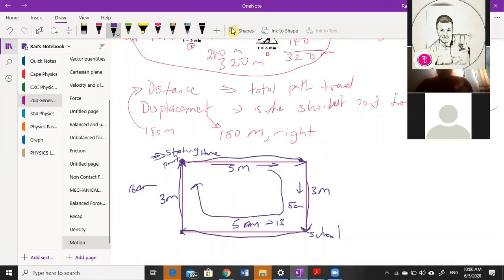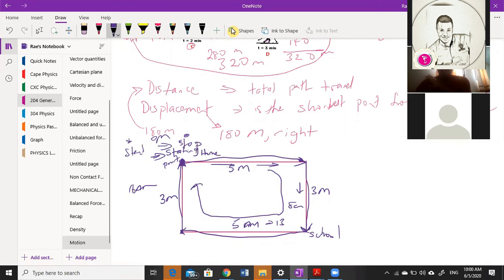But with that, wherever you start, if my starting point and my stopping point is the same place, it means that the displacement from the starting to the stopping point has to be 0, because you ended up back where you started.